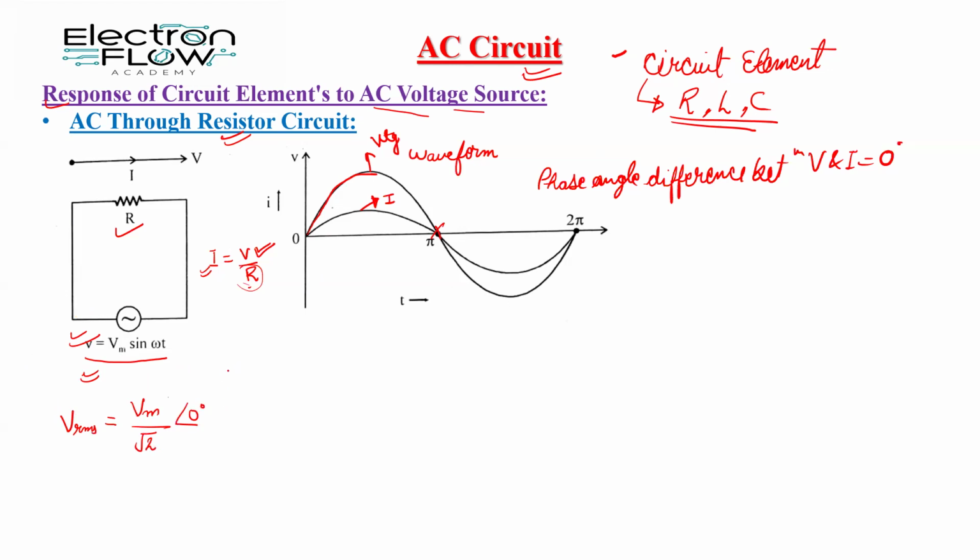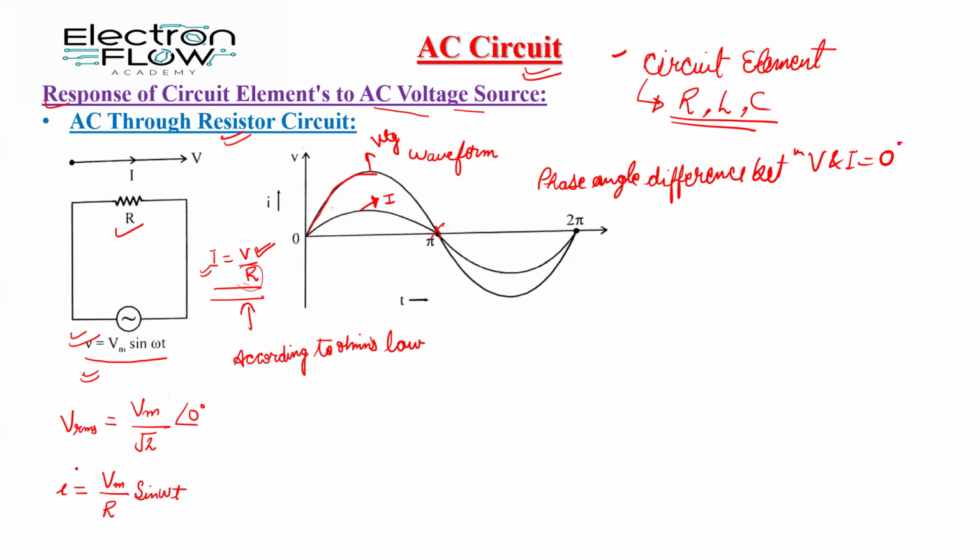So again I am repeating here, according to Ohm's law, current flowing through the resistor is given by this expression. So what I am doing here, I am putting the value: I will be maximum value divided by resistance, sine omega t.